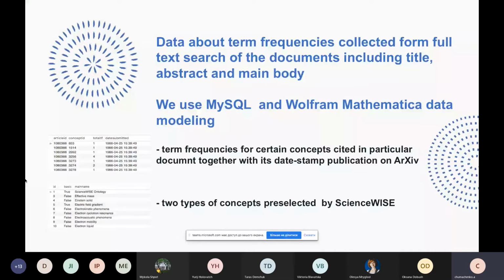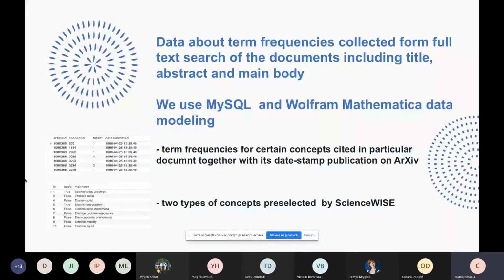It was made by a human, and it caused some problems, because a particular scientist's judgment that electric field gradient is a basic concept is based on their field of research. And sometimes, in biology or some other fields, the electric field gradient maybe is not that basic a concept. You need statistical methods to decide, for a particular corpus of documents, whether to select concepts as basic or not basic.